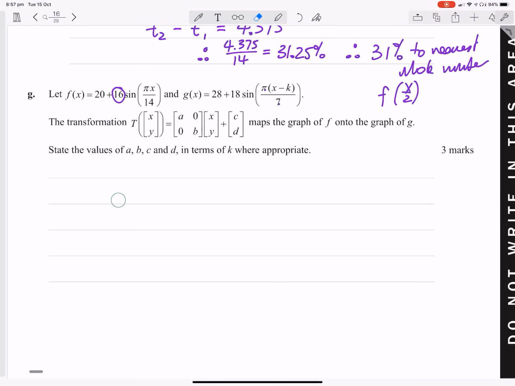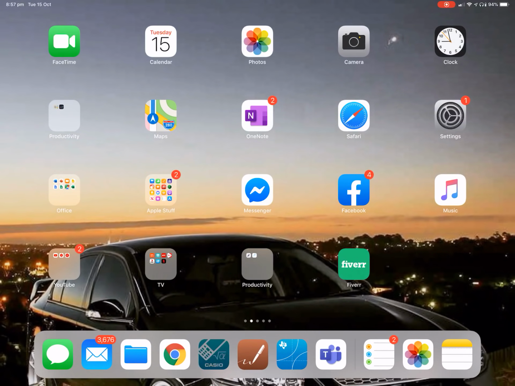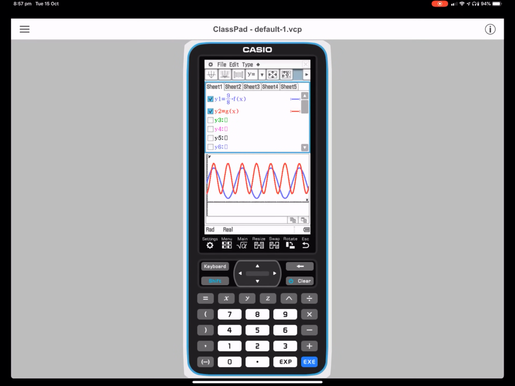That's b. So b is 9 on 8 because it's from the x-axis. a is 2. So if we said f of x on 2, sketch it.